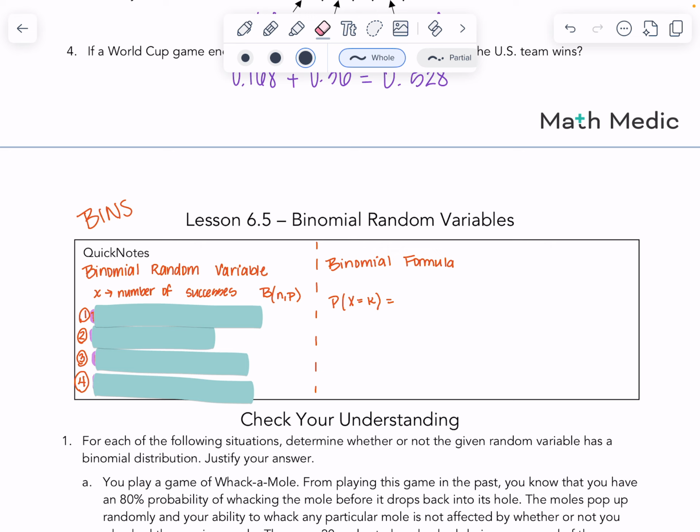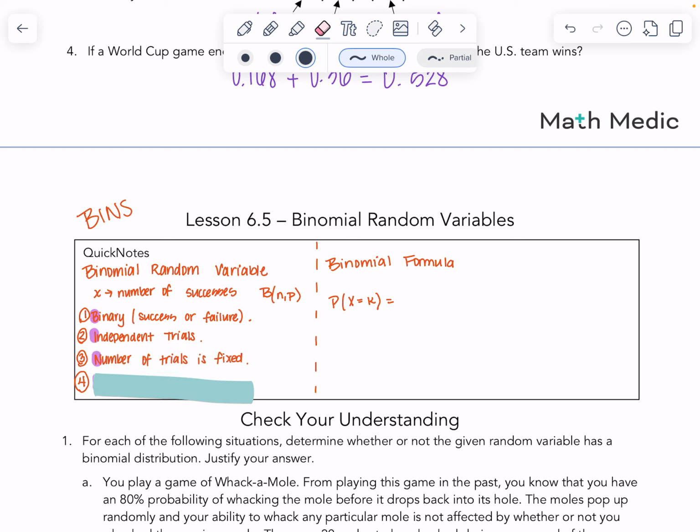The first is B, which stands for binary. So we have 2 options for a trial. It's either a success or a failure. In our example, it was make or miss the penalty shot. The trials must be independent. That's what the I stands for. So the outcome of the previous trial, or in our case, the previous shot, does not impact the next shot.